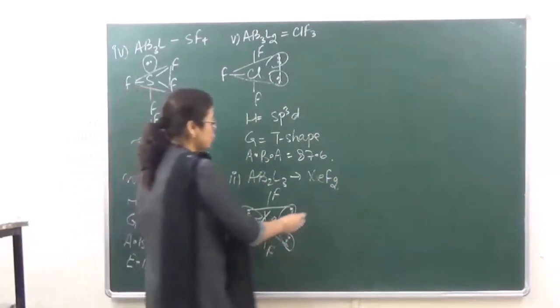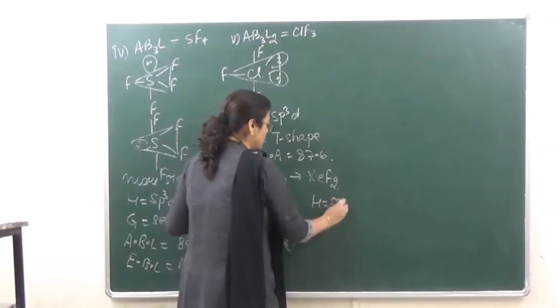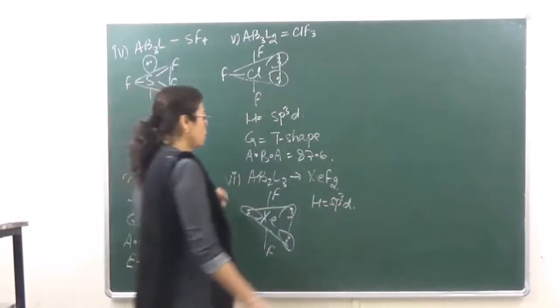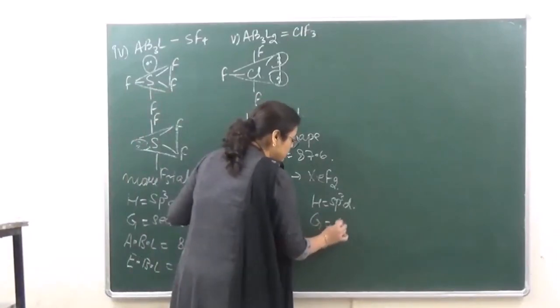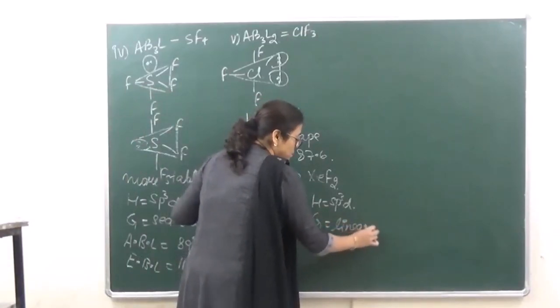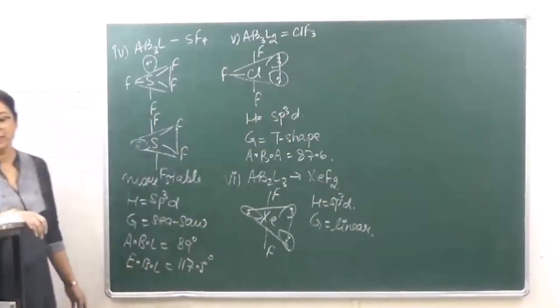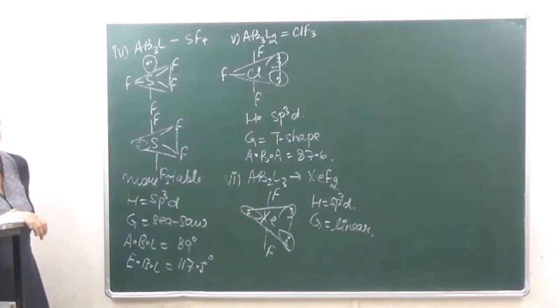Hybridization is going to be sp3d. Geometry is linear. You can see that it is falling in one single line. So the geometry is going to be linear.